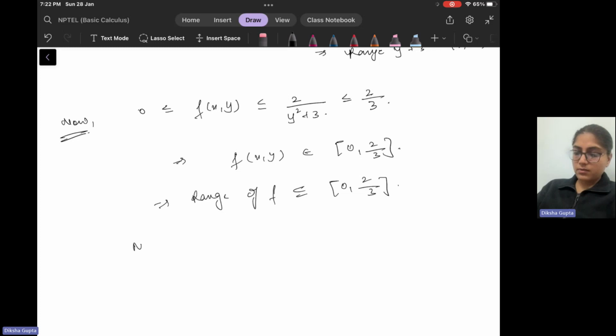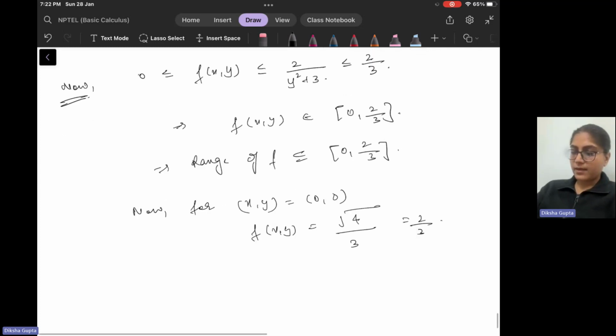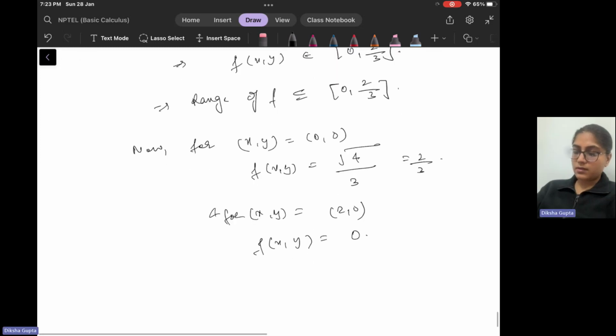So now, for (x, y) equals (0, 0), we have f(x, y) equals 4 upon 3, which is 2 by 3. Sorry, the value is 4 upon y square plus 3, giving 2 by 3 at the maximum. And for (x, y) equals (2, 0), f(x, y) is 0.